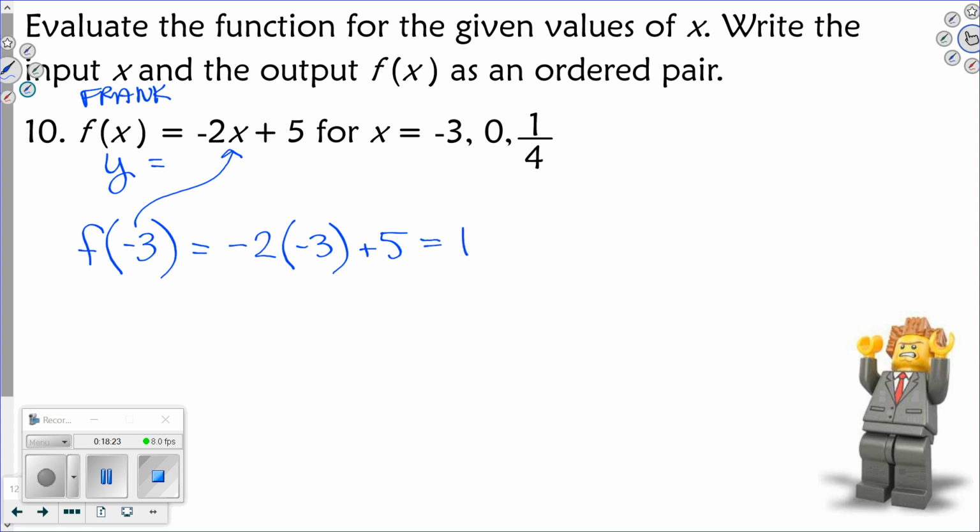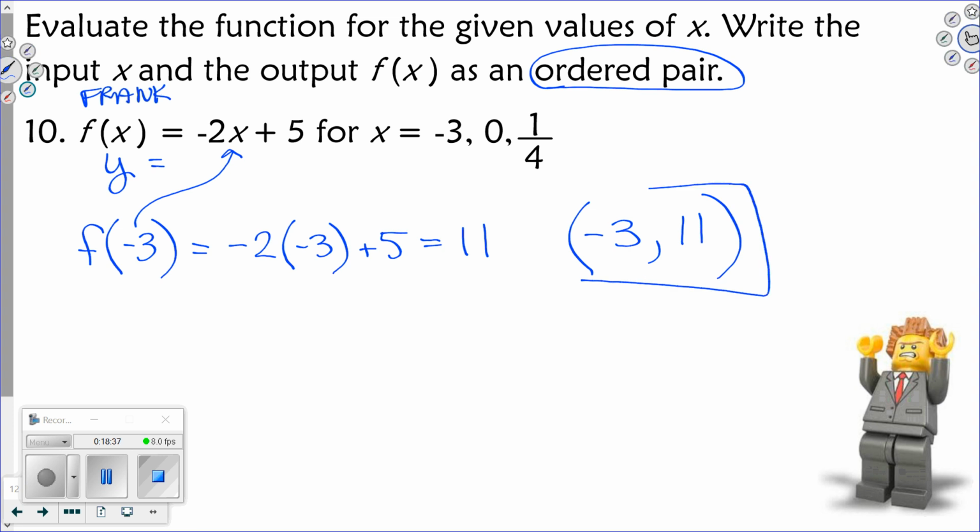Now, the directions want it written as an ordered pair. Well, what was your input? I put in -3, and I got out 11. So that is the ordered pair for x equals -3. It's an input and an output. It is my machine, right? I am plugging in a -3, I push it through my machine, and I get an 11 at the end.